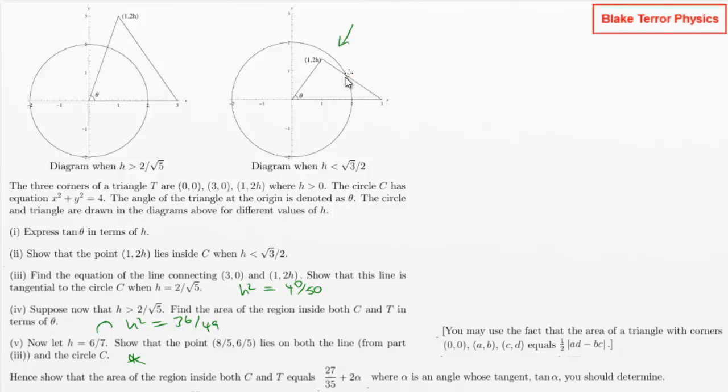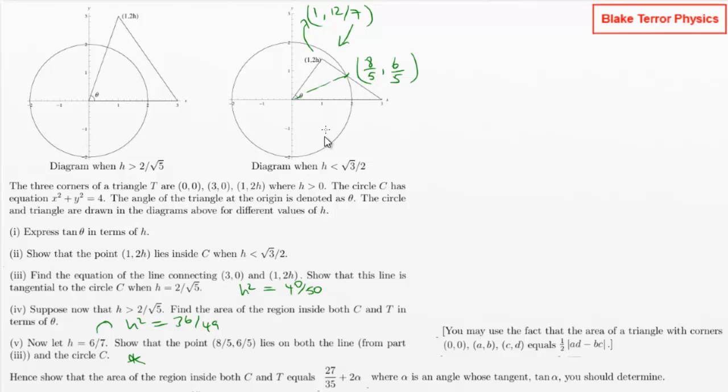We're now on this point we've just worked out, what did they tell us? 8 over 5, 6 over 5. So that's our point, which is on both line and circle. This point now, 1 comma 2h, with h being 6 over 7, is 12 over 7. And we can split this into 2 bits.